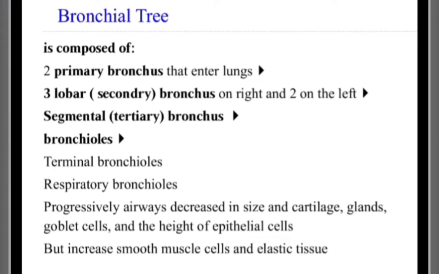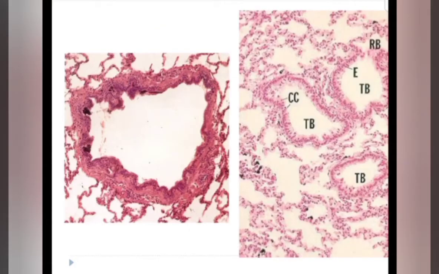I have told you that the extrapulmonary bronchi resemble the trachea in structure except for their smaller diameter. The intrapulmonary bronchi differ from the extrapulmonary bronchi in many respects, and the main differences are: the intrapulmonary bronchi have a smaller diameter and a rounded contour, as compared to the larger caliber and D-shaped contour of the extrapulmonary bronchi.